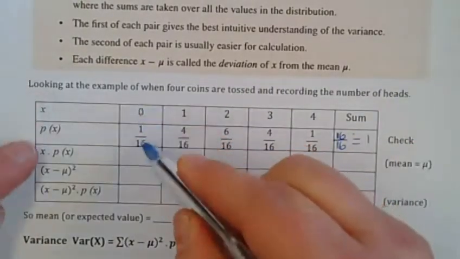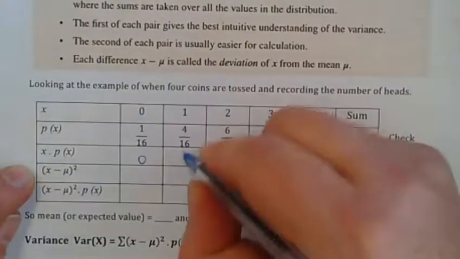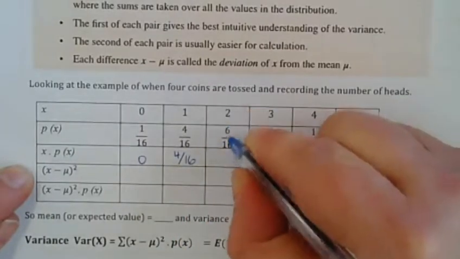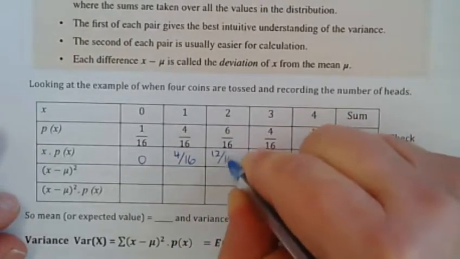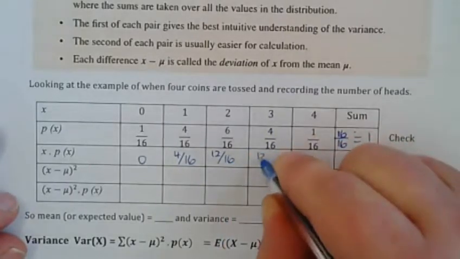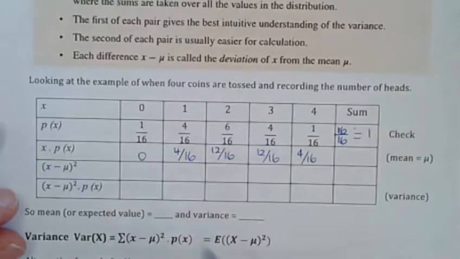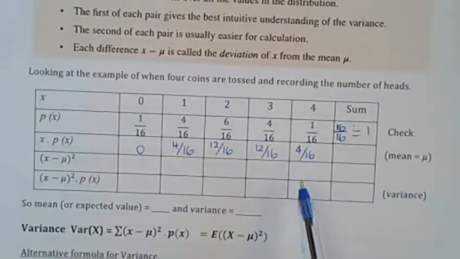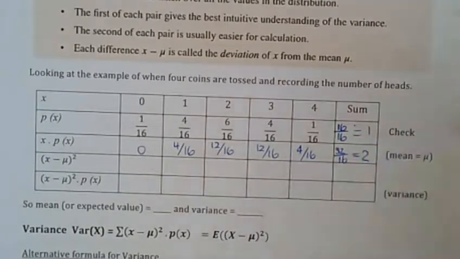So now we do x times px, and we get 0. What's the next one? 4 on 16, good. The next one, 2 times 6, that's 12 on 16. I'm just going to leave it like that. Again, 12 on 16. Now, we did these last lesson, and then when you add those up, the reason I've kept them out of 16, you get 32 out of 16, which is 2. Now, we already had that.